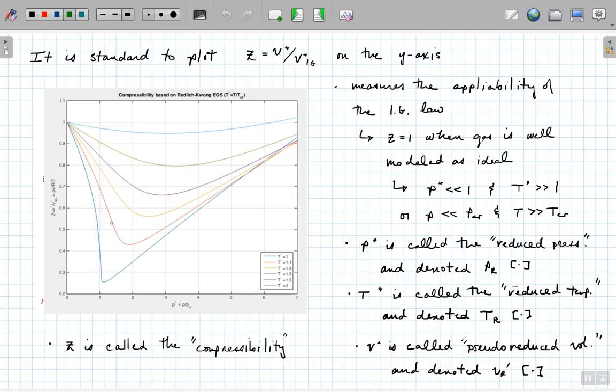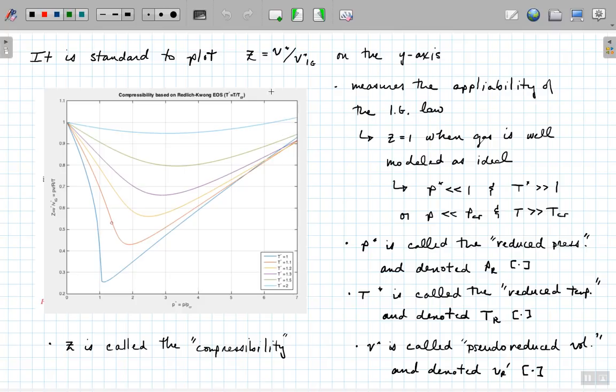So if you see these in a table, don't think of them as merely pressures and temperatures. They are the reduced pressures and temperatures, and what that really means is the dimensionless ones scaled by the critical values. And V star is what's called the pseudo-reduced volume. Of course, it's not actually scaled by the value of the volume at the critical point. It's scaled by the value of Vc, which is computed from our T critical and P critical.